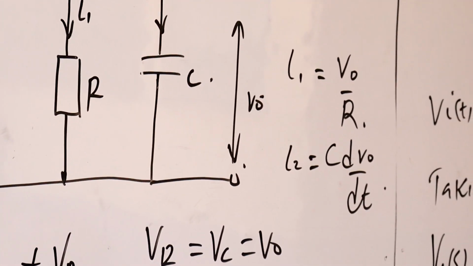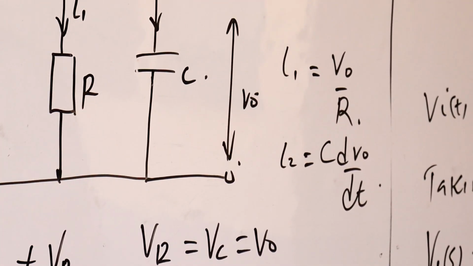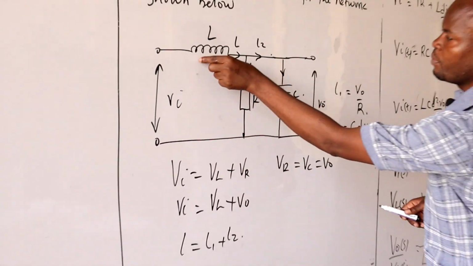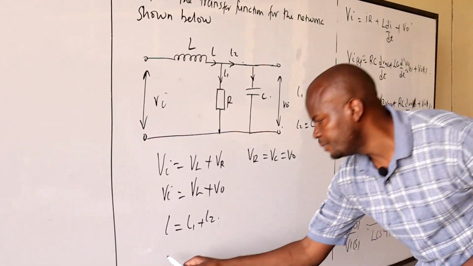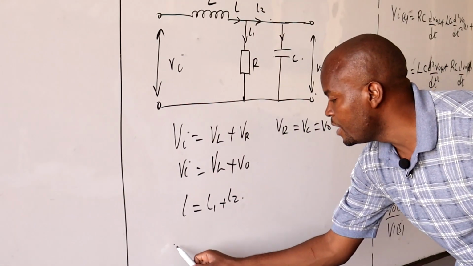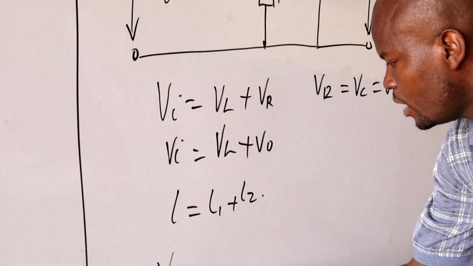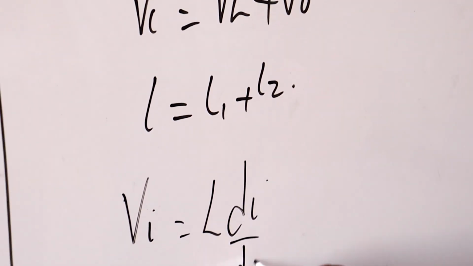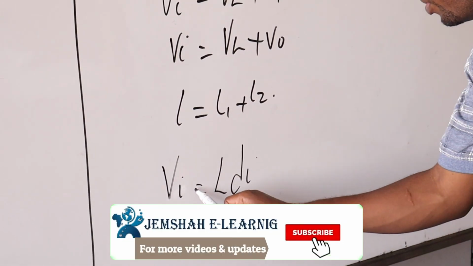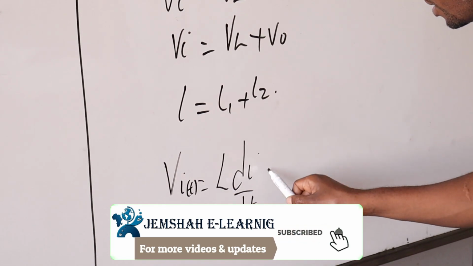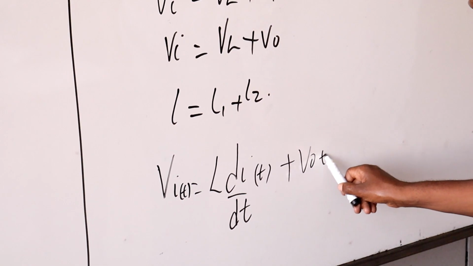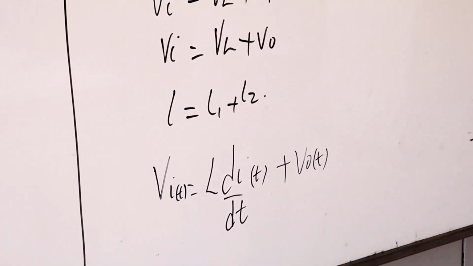Now if we write this in terms of a differential equation, at the inductor we have L. So our VI is going to be L di over dt, of t, plus V out also of t.